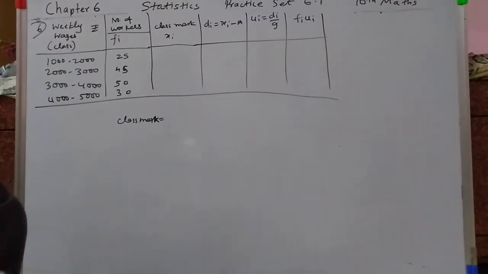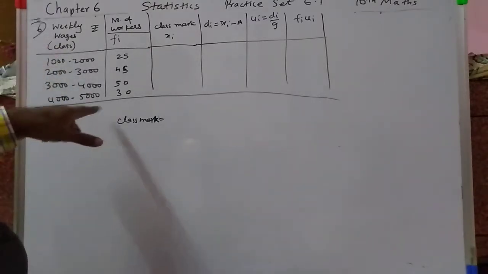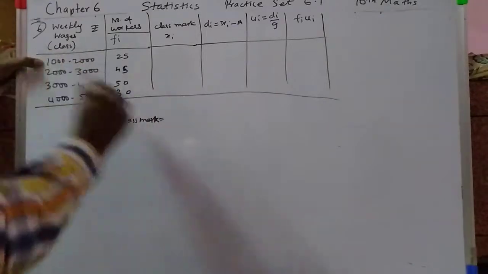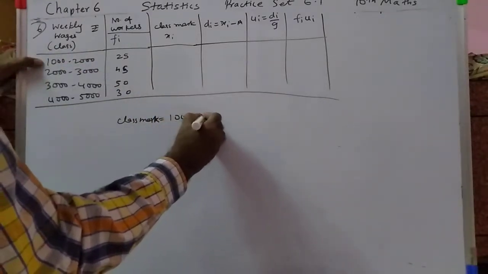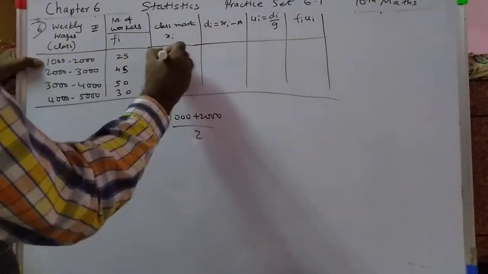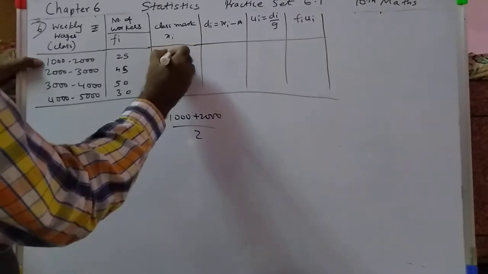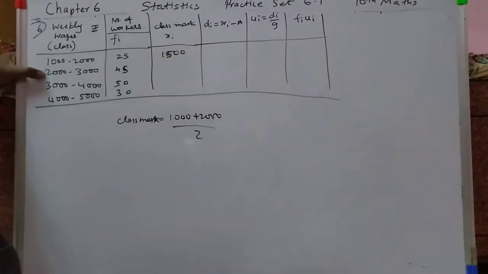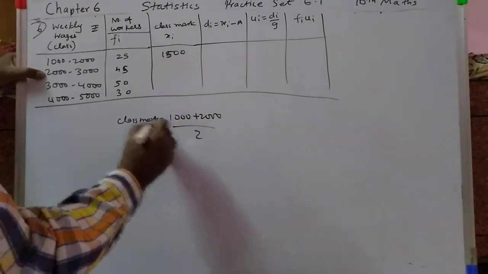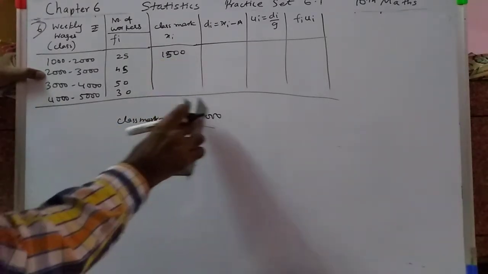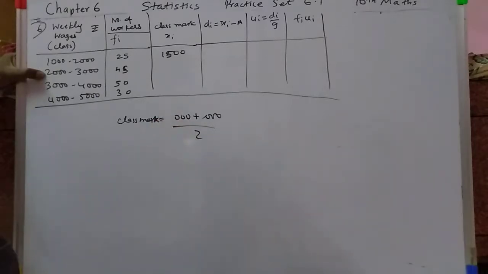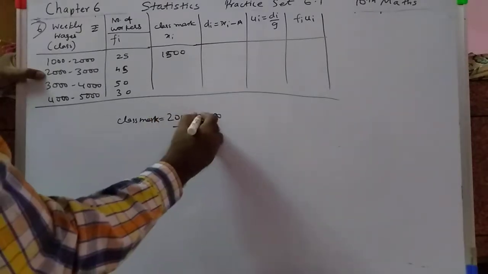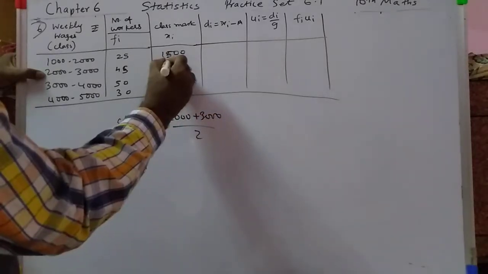Okay, sixth problem. You have to find this class mark, you have to add it. 1000 plus 2000 divided by 2 is 1500. Okay. Similarly, you'll get for this also. Sorry, it will become 2000 and 3000, 2500.